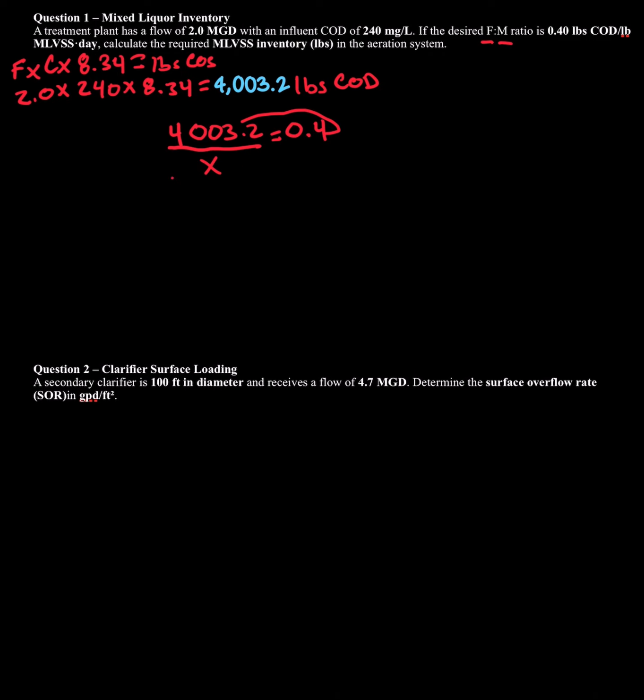So we're going to move this to this side by dividing it. So 0.4 divided by 4,003.2 is going to equal 0.0001. So we're going to get the inverse of that, but instead of having to get the inverse, we're just going to flip these numbers over, because once you take this out, it's just going to have that 1.